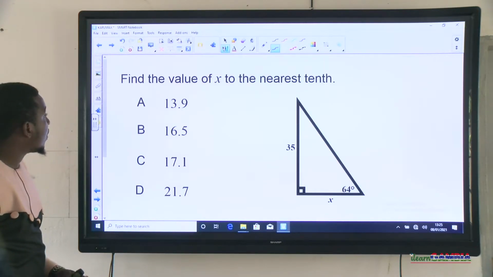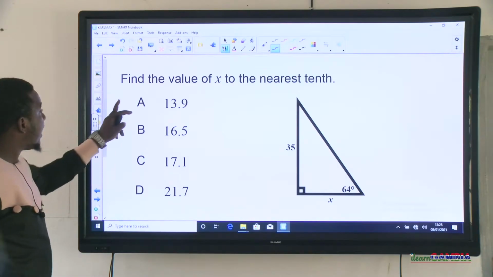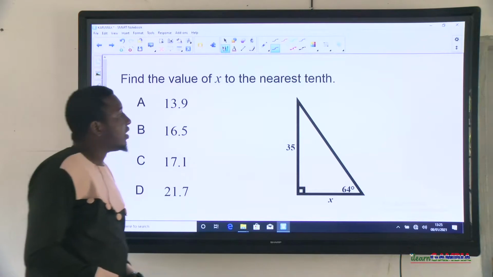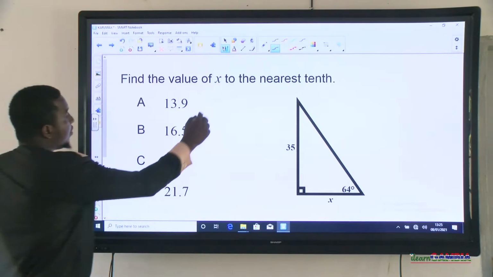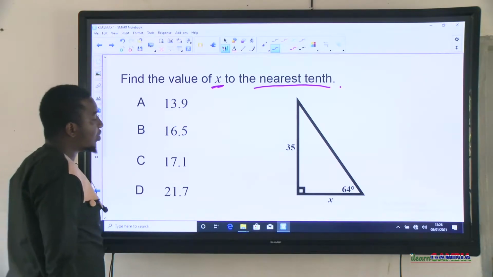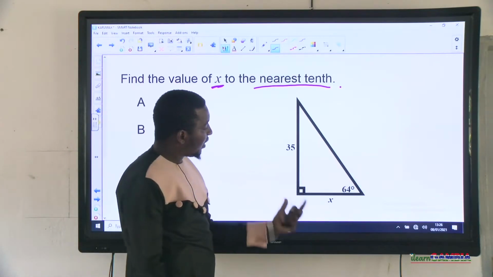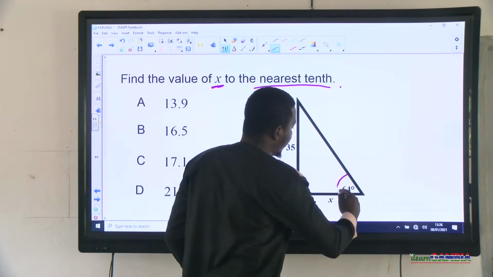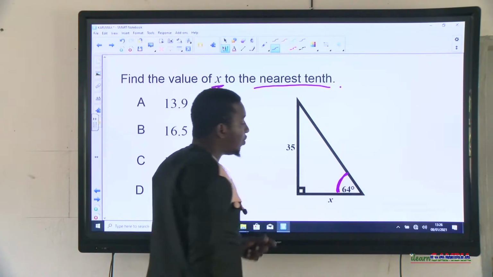Now we look at this other question. It says find the value of x to the nearest 10. Now let's look at the diagram. We are given a right angled triangle and we are also given a reference angle, which is angle 64.